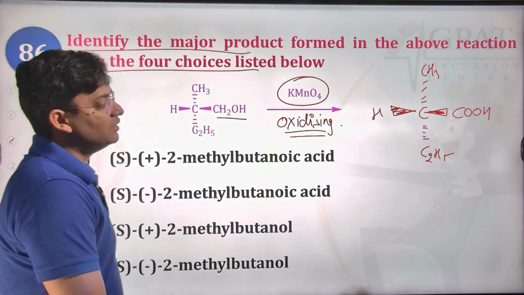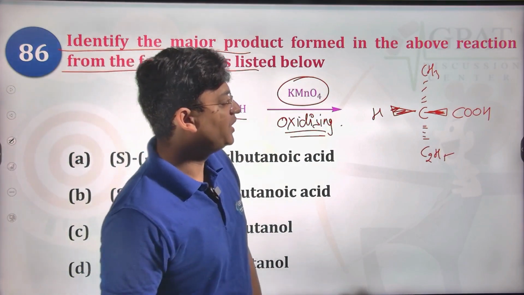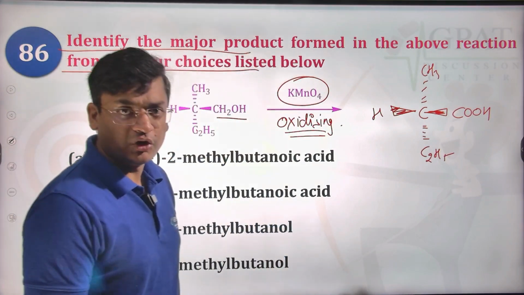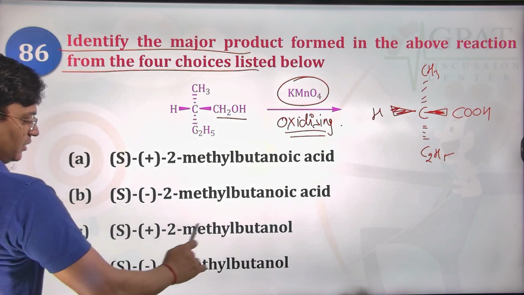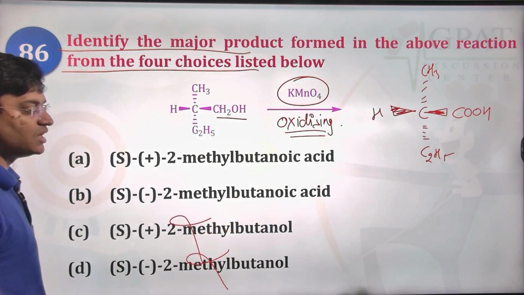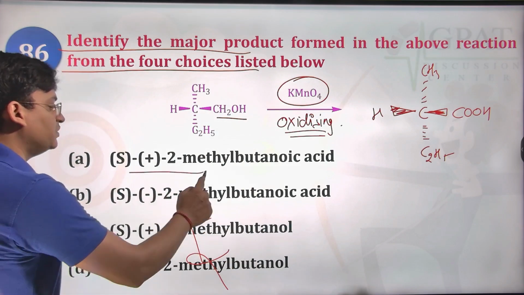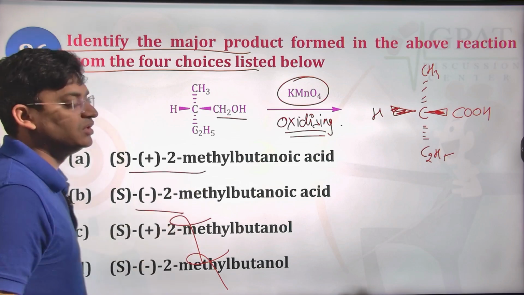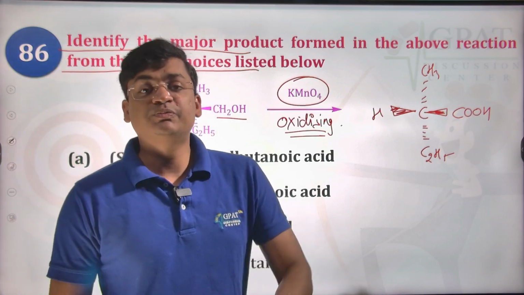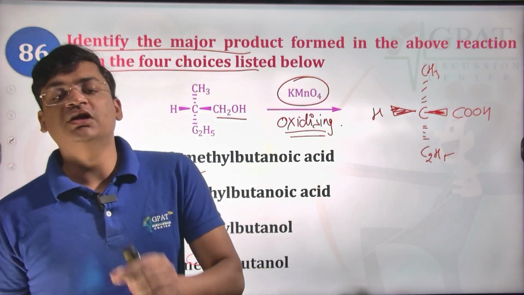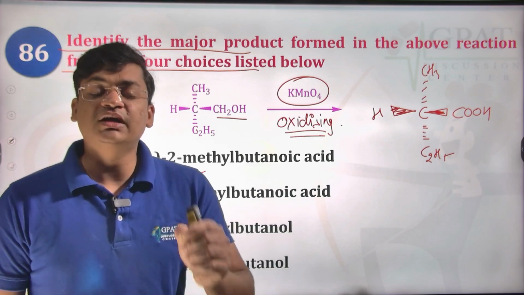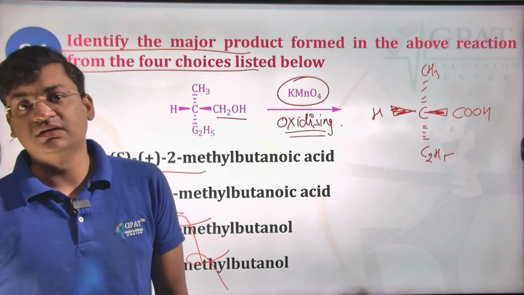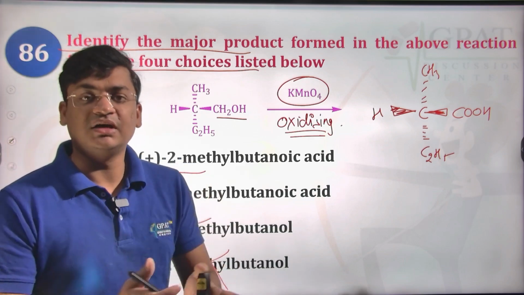Now again, we have obtained 2-methyl butanoic acid, right? So these two options are wrong. Now we have S plus 2-methyl butanoic acid and S minus 2-methyl butanoic acid. This plus or minus, that is dextro or levo, can only be judged by experimental analysis, that is our optical experiments.